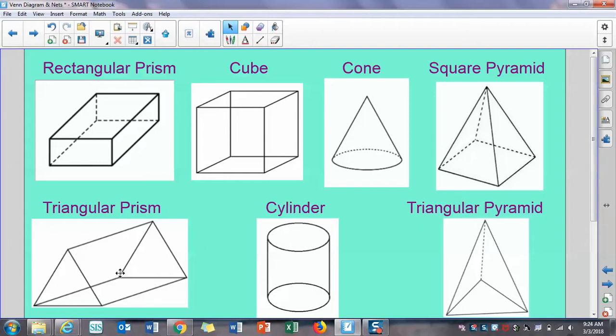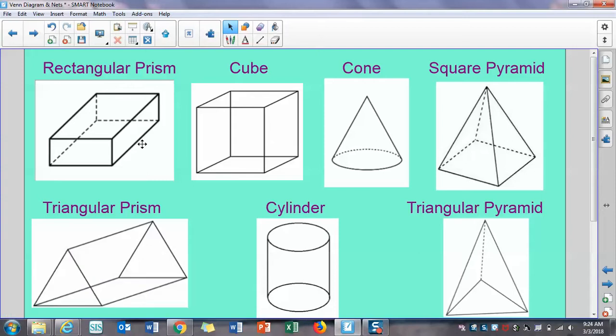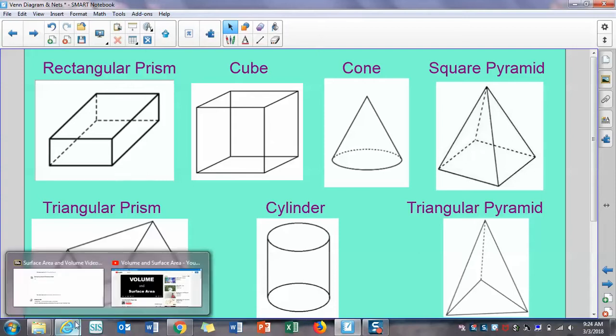Now let's go ahead and just watch a video of these shapes being broken down into their nets. Now only some of these will be shown.